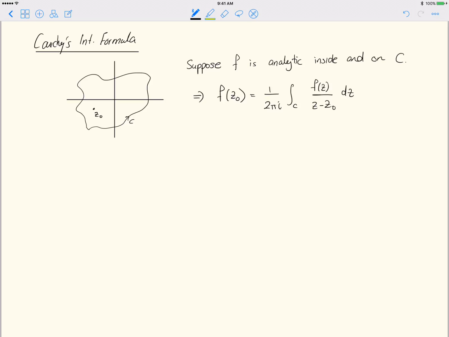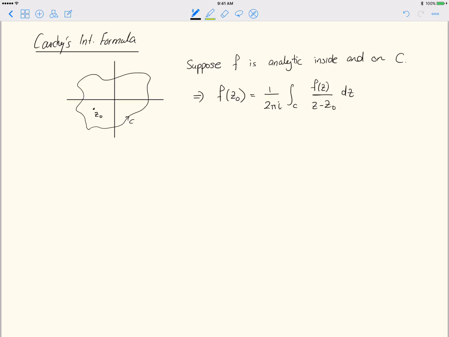You have some point z0, which is inside C, and it just so happens that the value of f at z0 is given by the integral of f around the boundary. And I think it's quite remarkable how that's even true. But that's what the result says. And using this, you can calculate a lot of really nice integrals.